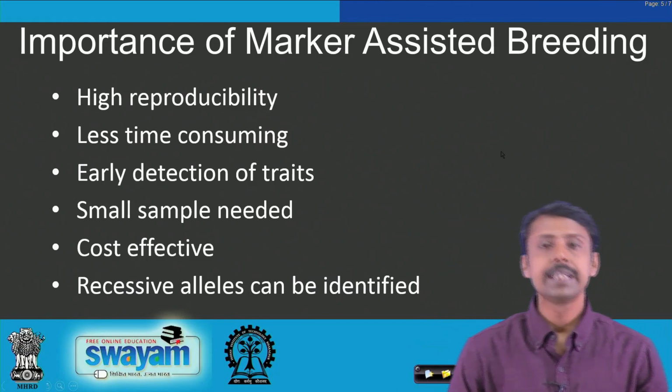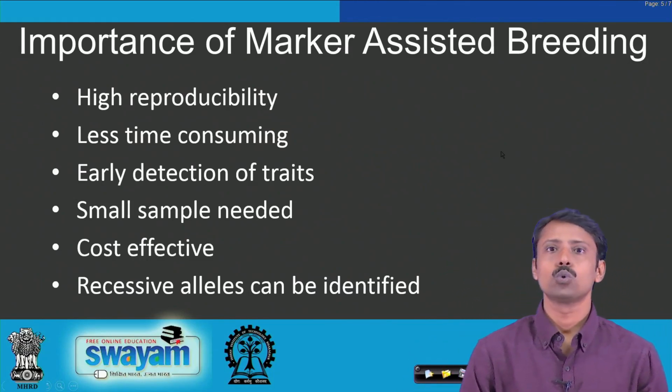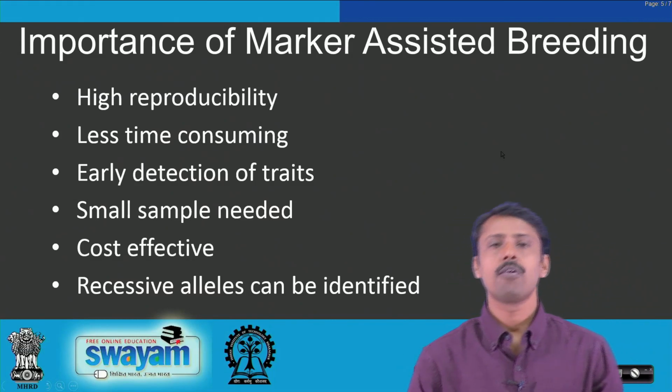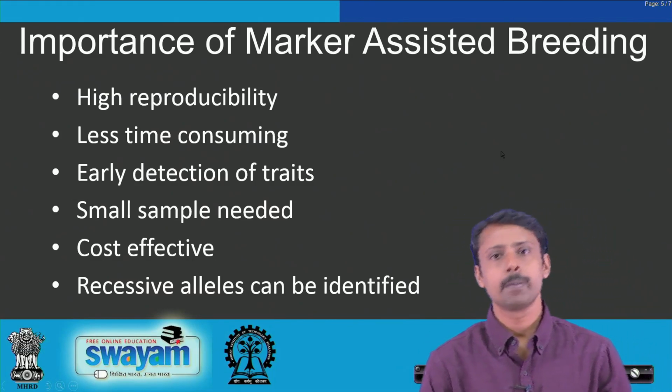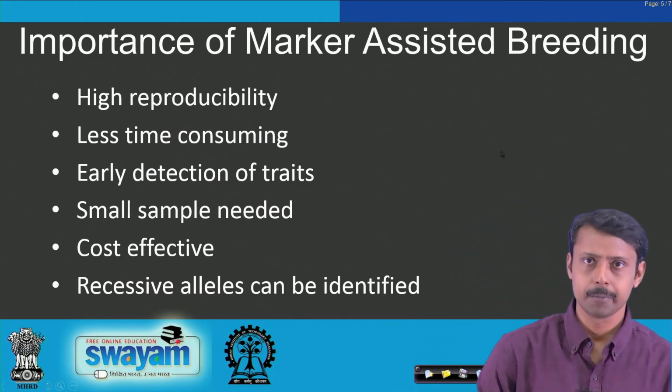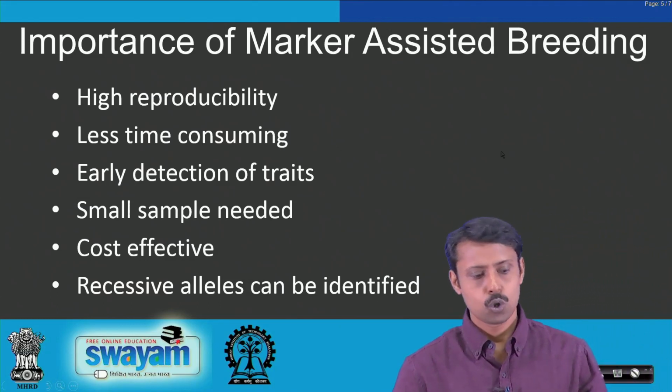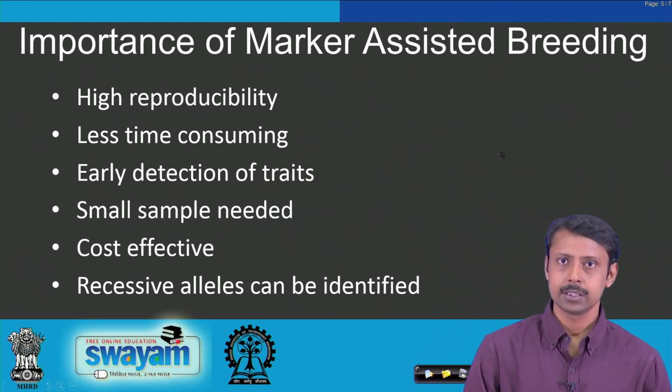Next one, the early detection of traits. Suppose we have to do backcrossing for earliness in a plant or for flower color. In that case, once we grow the plants, we have to wait until they come to the reproductive stage.